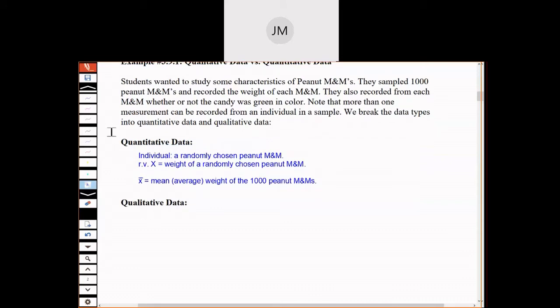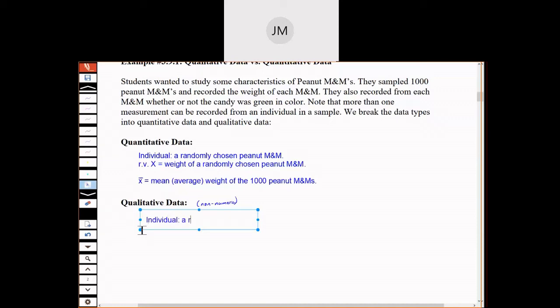On the qualitative side, just remember this is going to be the non-numeric. So on the qualitative side, I want to do the same thing. I want to identify my individual and all the different types of variables that I have. Okay, so my individual here is the same thing.